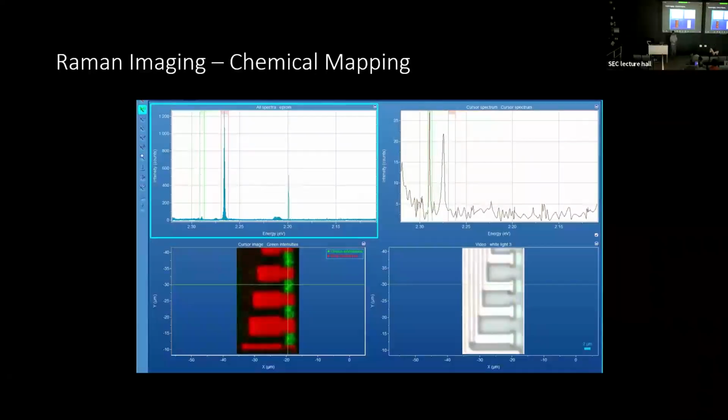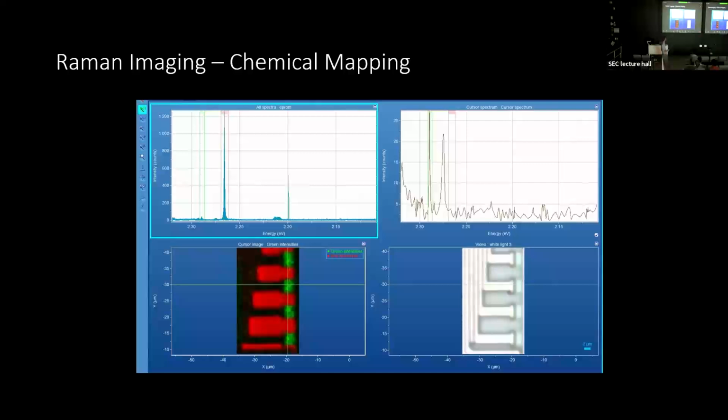It may be a little easier to think about with just the three components here. The metal doesn't have any signal. The silicon has this single peak that shows up very strongly, and we color code the intensity of this single peak, with the red cursors around it, in red, and make this color-coded map of where the silicon is.